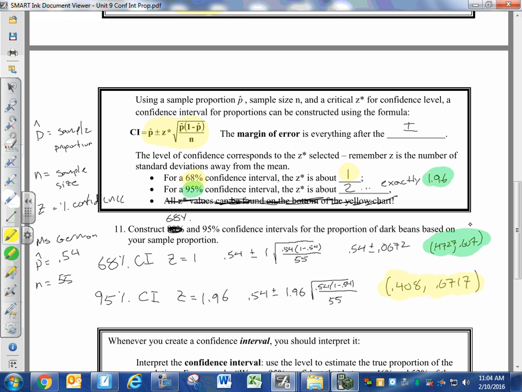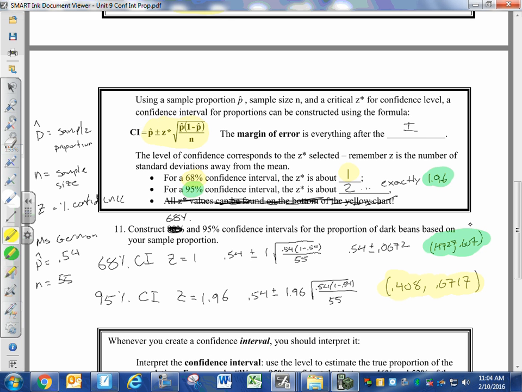Does that make sense to you? Why? Yeah, because we have to be 95% confident. We probably need a larger range to have more confidence. Now, this is pretty large, 0.40 to 0.67.